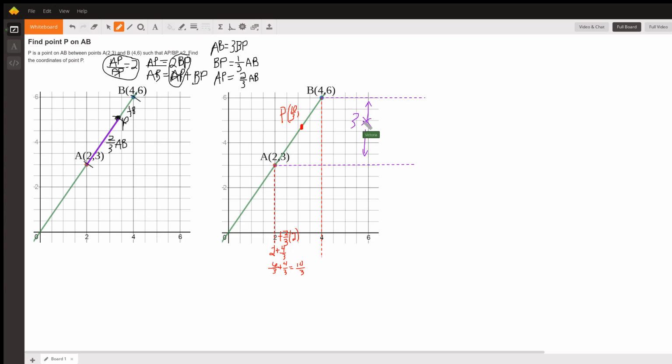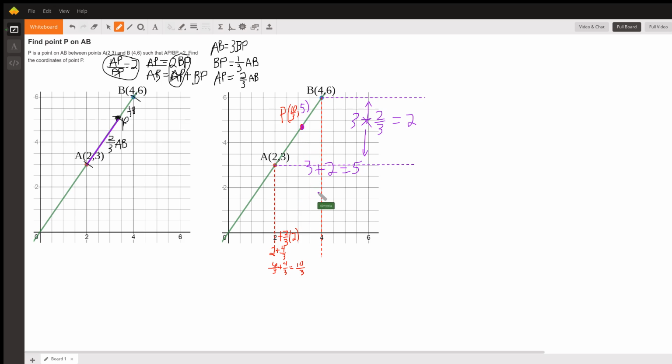So if I took 2/3 of that and just started here at my 3 and added 2/3 of the y distance, I would get to 5, which means I think that the y component should be 5.